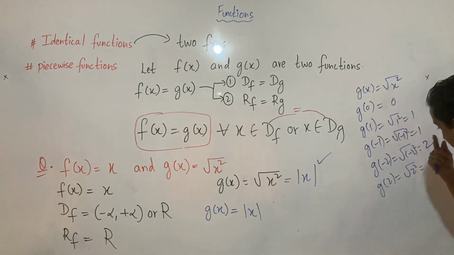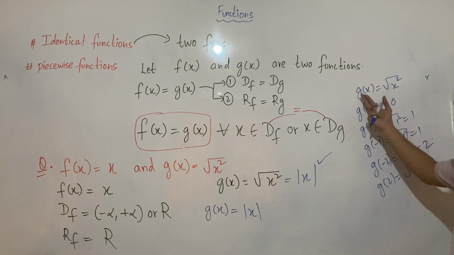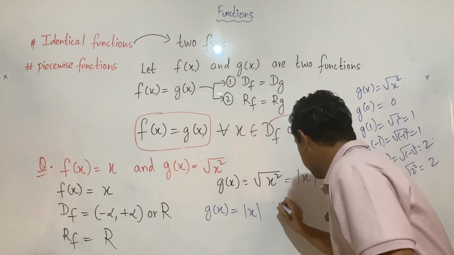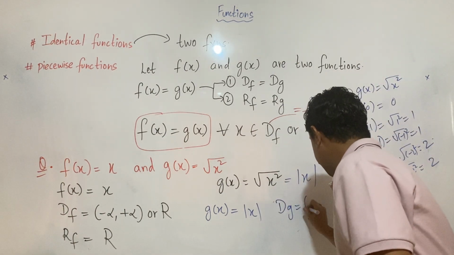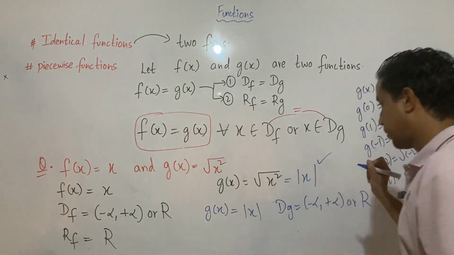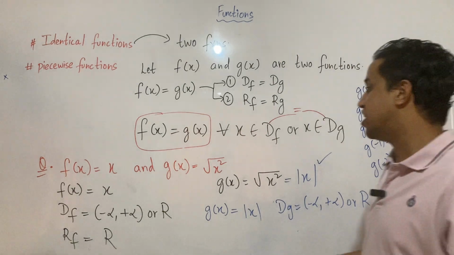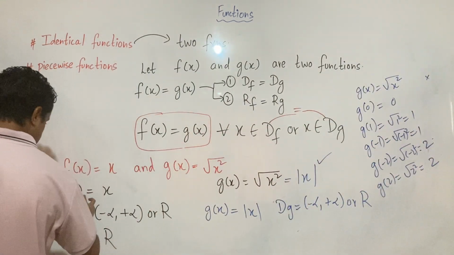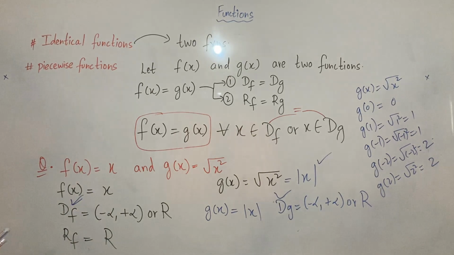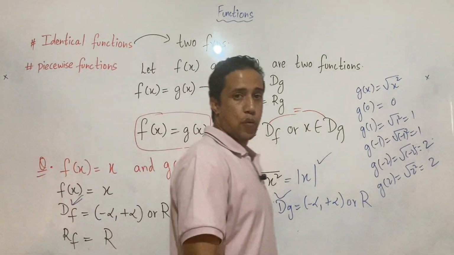Here I have given it a negative value, a positive value, and 0. So it means that the domain of g is again minus infinity to plus infinity, or real numbers. Which means that the domains are fine. Domain of f is the same as domain of g, but what about the range?